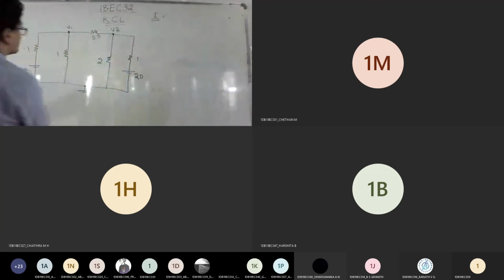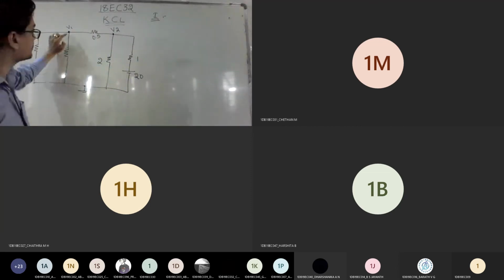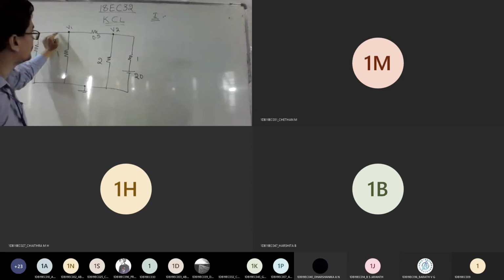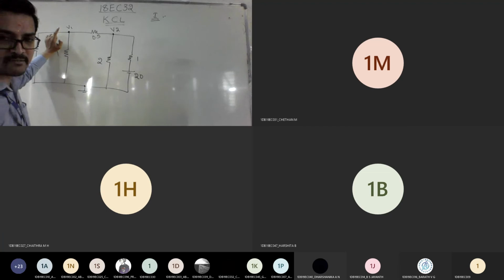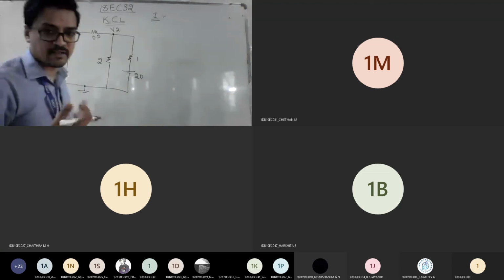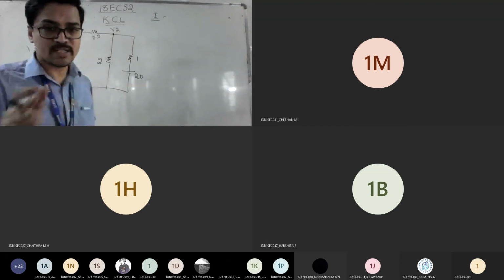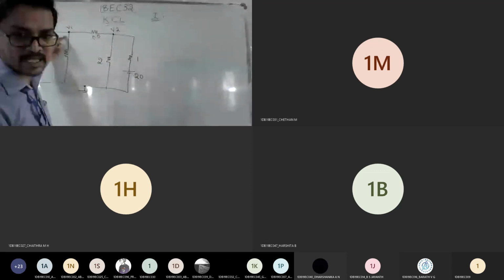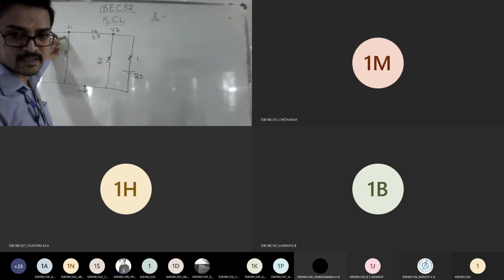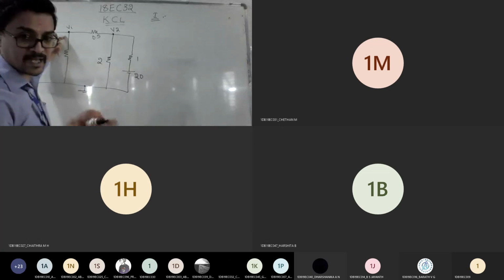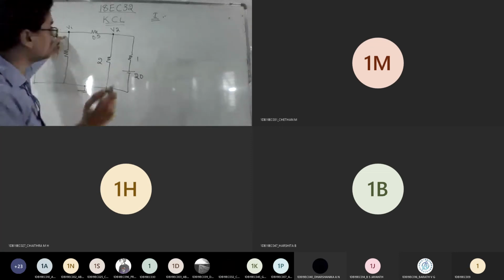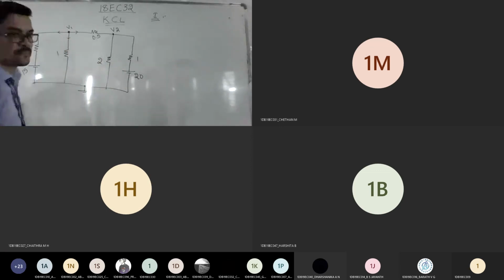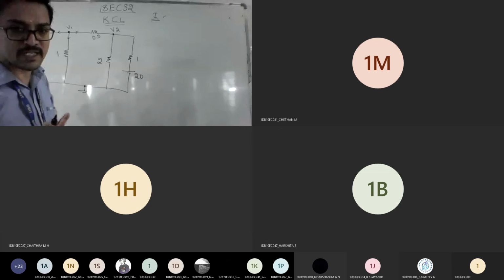Now just look here. For this node, you have 3 branches. So for this particular V1 node, you have 3 branches. Here I can make an assumption like how we did earlier with the clockwise direction for mesh analysis. Same way we can do it for nodal analysis also. I will clearly tell you I am making an assumption. Assume that all the currents are leaving.